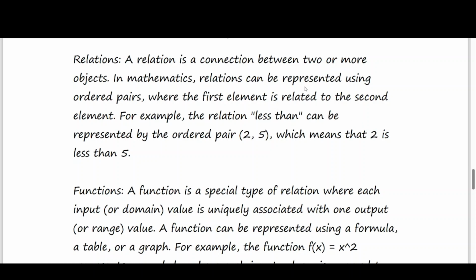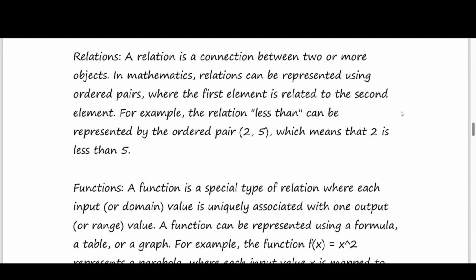In mathematics, a relation can be represented using ordered pairs where the first element is related to the second element. For example, the relation less than can be represented by the ordered pair (2, 5), where 2 is less than 5.